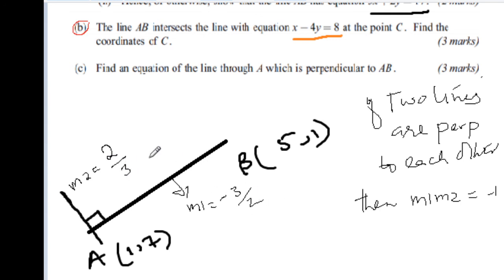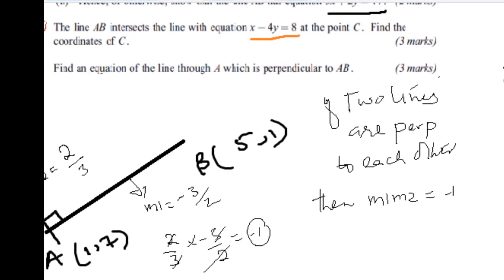If this is minus, that will be plus. If this is plus, that will be minus. Now verify it, please. 2 over 3 and minus 3 over 2, they give you what? They give you minus 1. So it means we got the correct gradient for the perpendicular line.